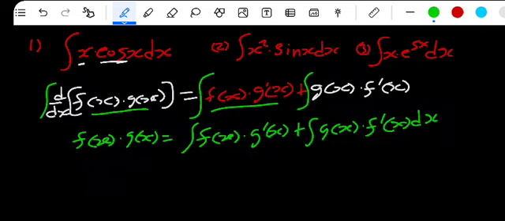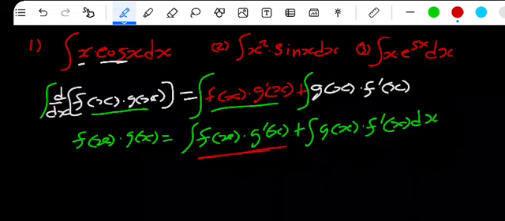All right, so we'll take this one and transpose it to the other side.